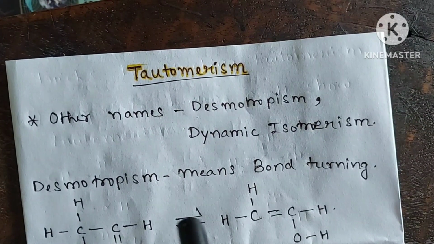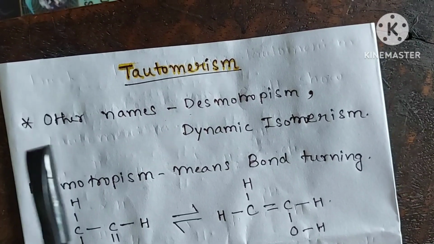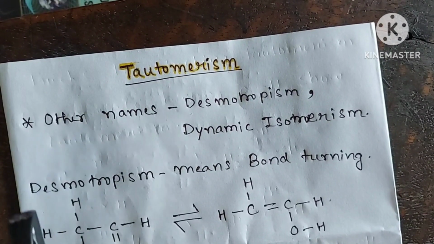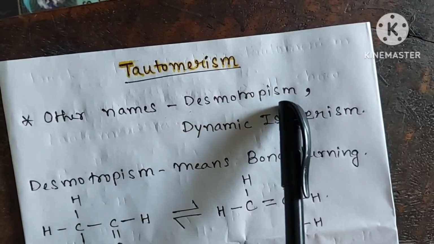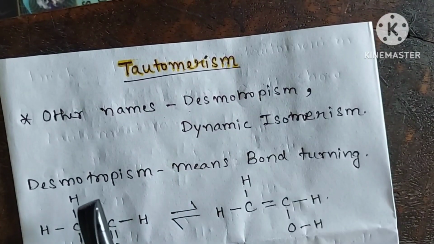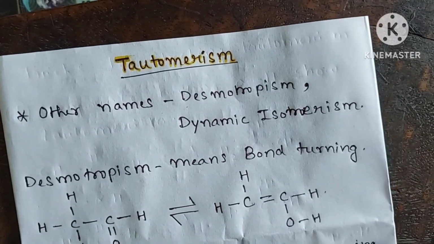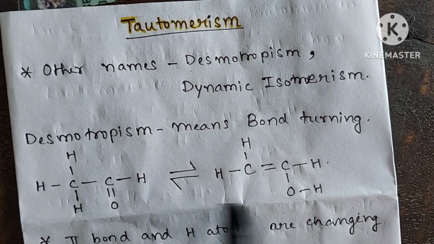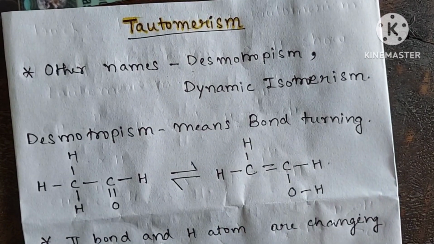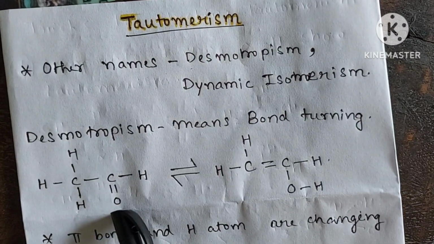So here are some important points on tautomerism. First point, here I have written the other names of tautomerism, that is desmotropism and dynamic isomerism. Now desmotropism means bond turning. See here in this example, the double bond was first between carbon and oxygen.